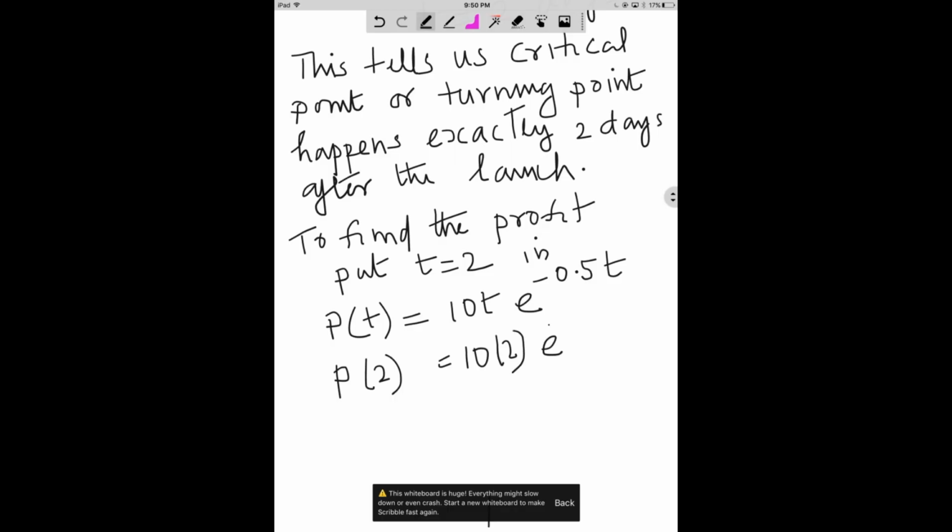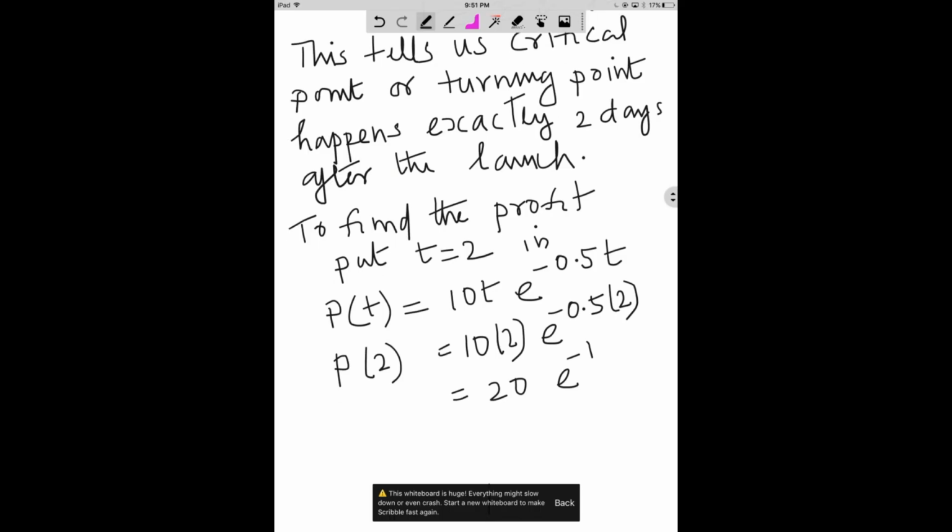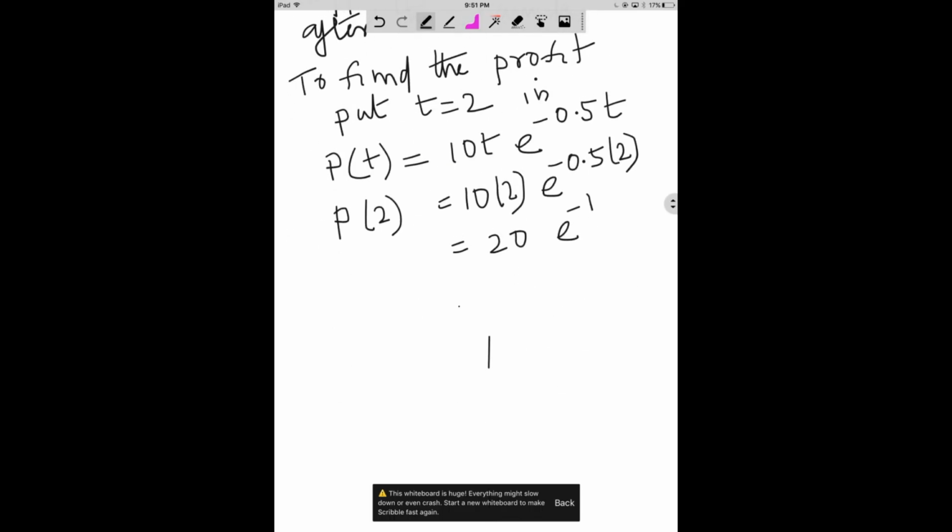P(2) is equal to 10 times 2 e raised to negative 0.5 times 2. So 10 times 2 is 20, times e raised to negative 1. So 20 divided by e.